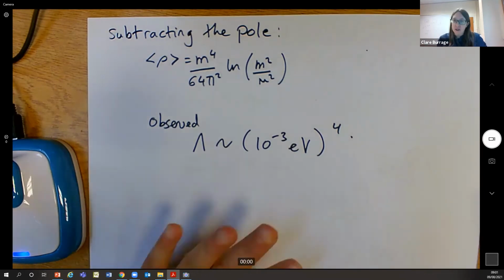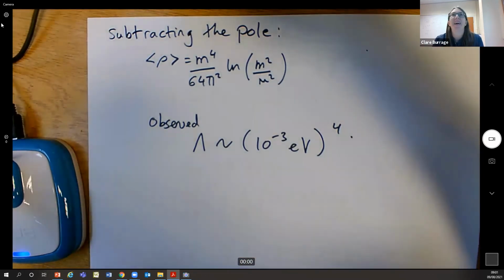So that is the cosmological constant problem. And that is largely the motivation for going beyond simply general relativity plus the matter that we have in our universe, or that we've seen.